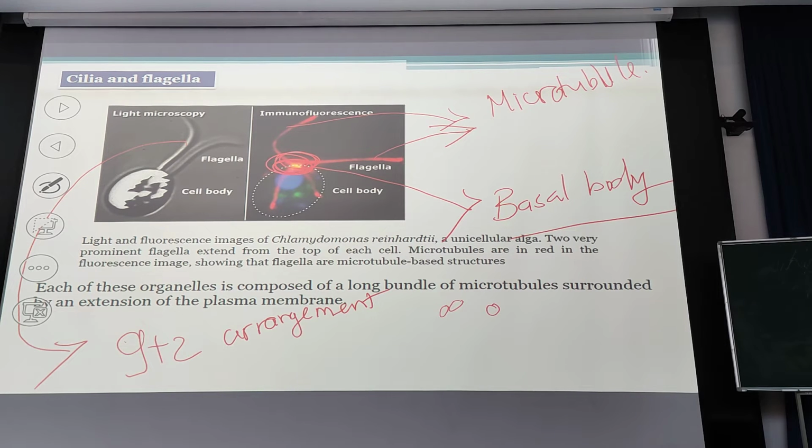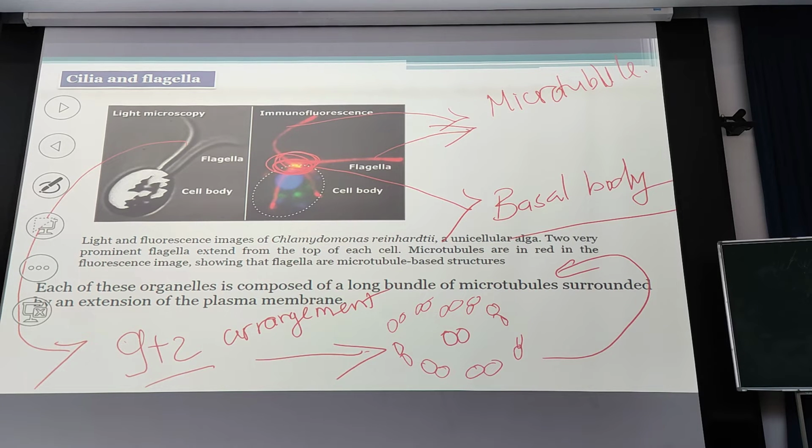There are nine double triplets, and in the center, the structure you might see in the document is the 9+2 arrangement. And they are made of microtubules.